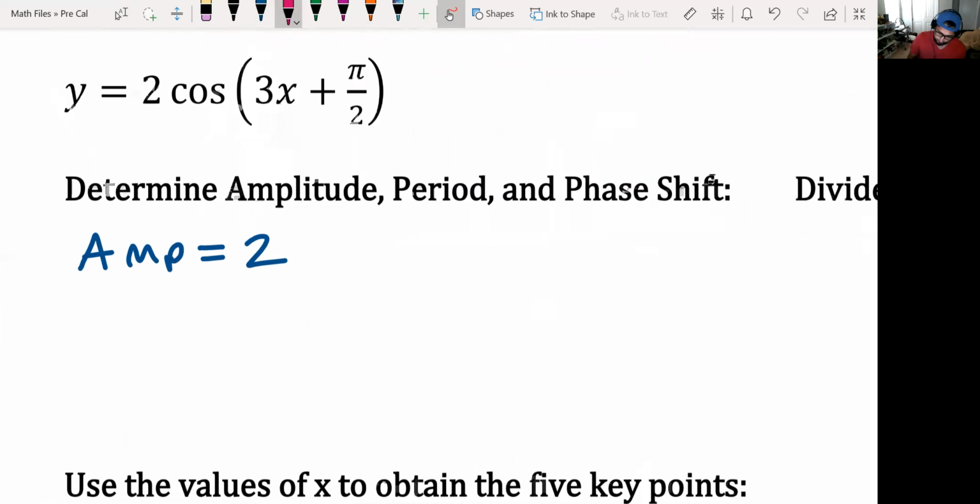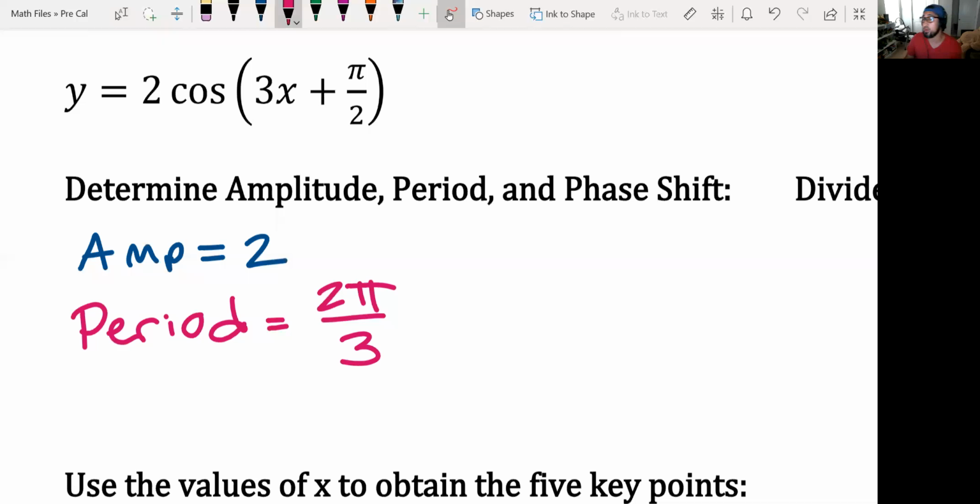Amp is 2. Period is 2 pi over omega, which here is 3. And then phase shift, so we need to have the beginning of the phase shift and the end of the phase shift to solve for.